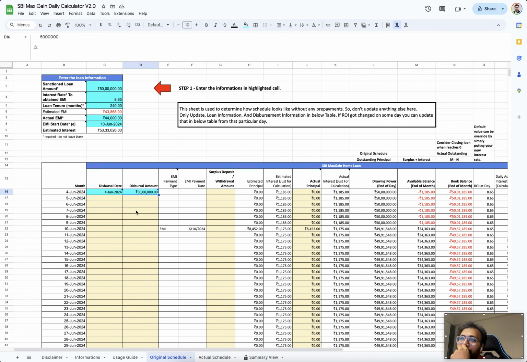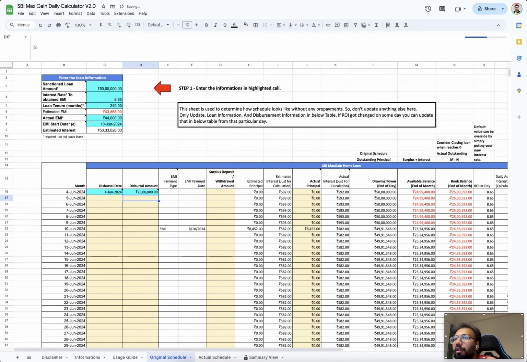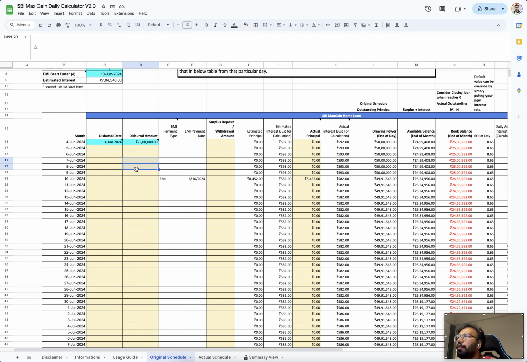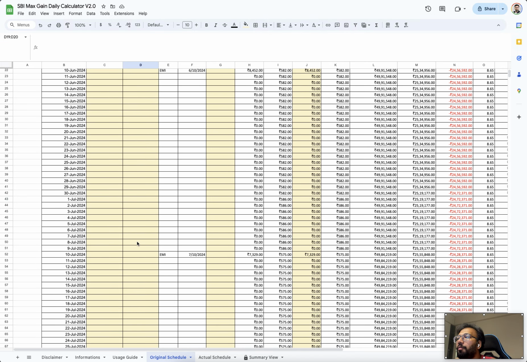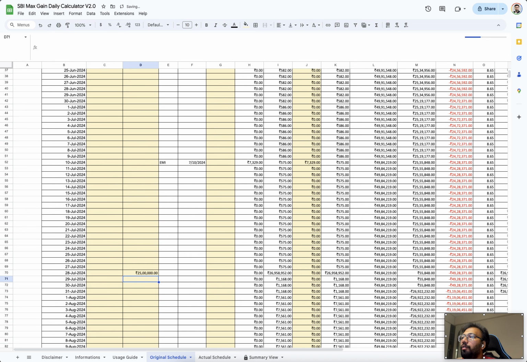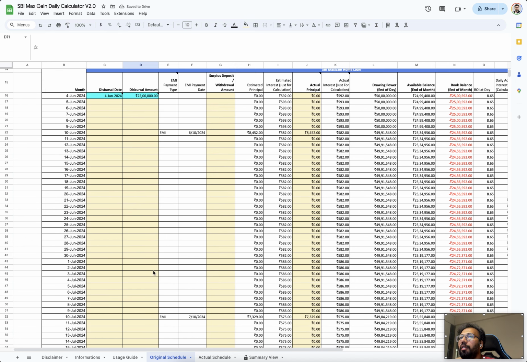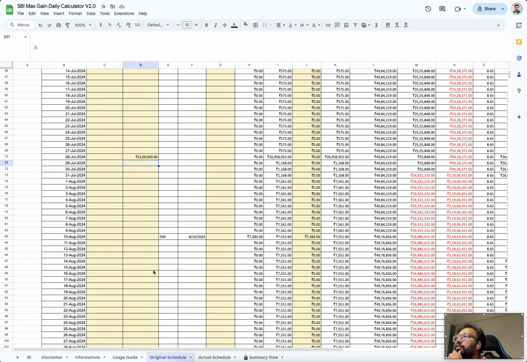Sometimes what happens, your property is in progress and the full amount is not disbursed, right? So sometimes only the 25 lakh got disbursed, so 25 lakh becomes your disbursement amount, right? And if you see, after some time, at 25 lakh again, this is the amount which got disbursed.